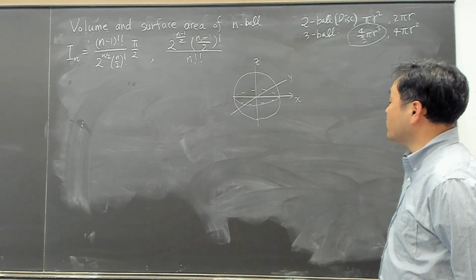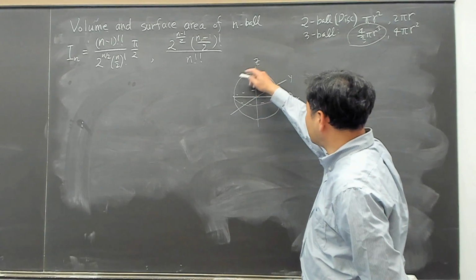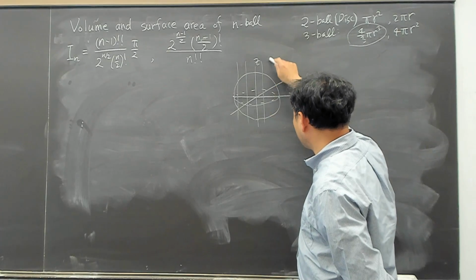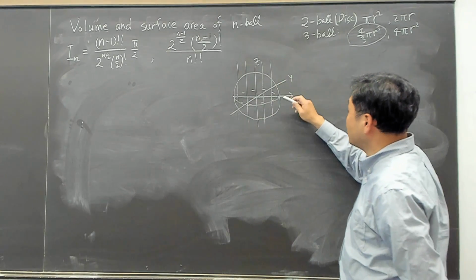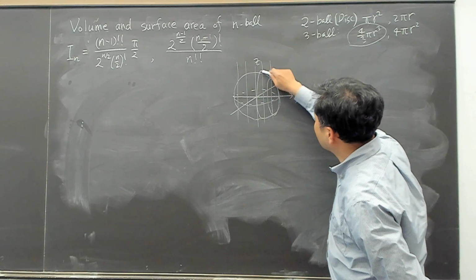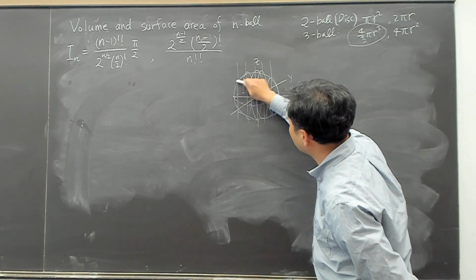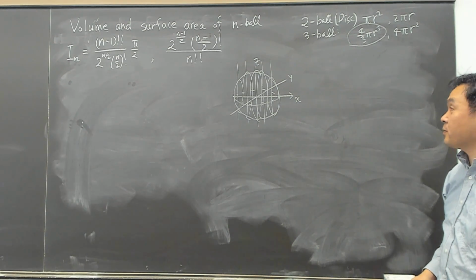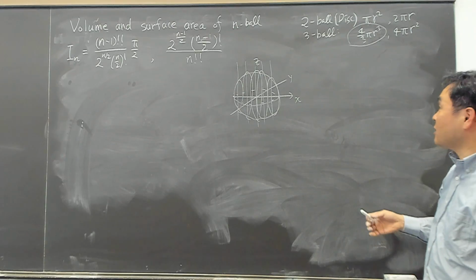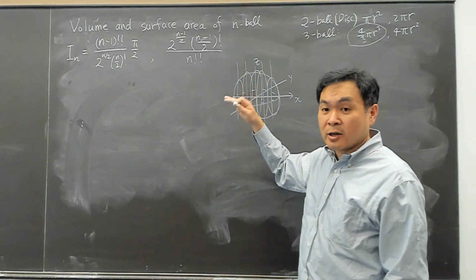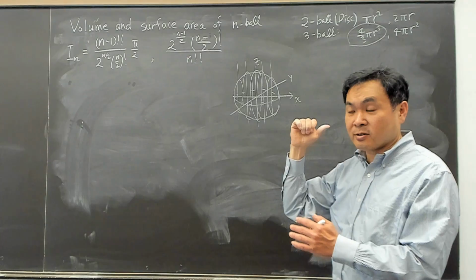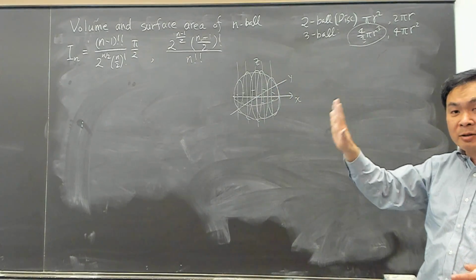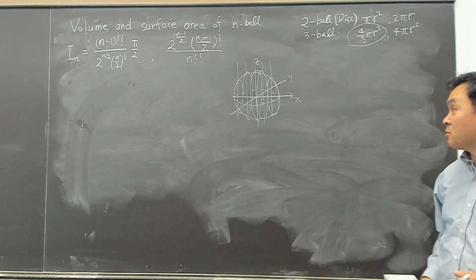We're going to chop up this volume by taking slices perpendicular to the x-axis, so that all the cross sections will be two discs, so two-dimensional balls. Okay. So what I'm trying to say is that if I have an n ball and I take the x-axis, chop it, then all the cross sections will be n minus 1 balls, n minus 1 volume balls.